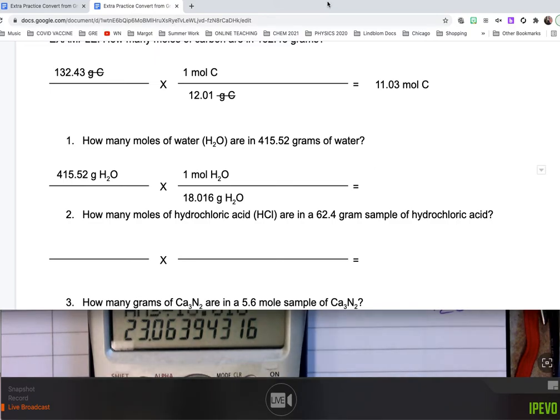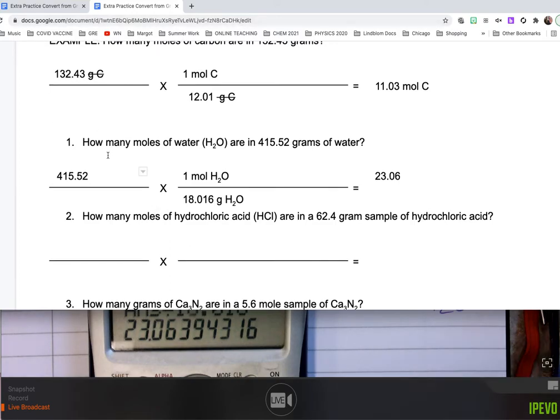So my answer is going to be 23.06, because I always round to the 100th. Again, I can cross out grams of water, and I end up with moles of water.